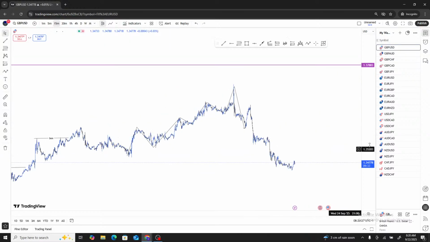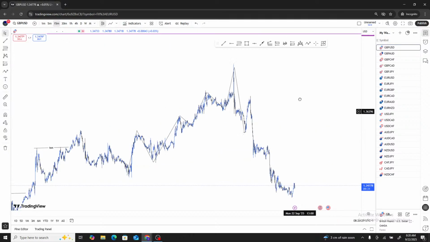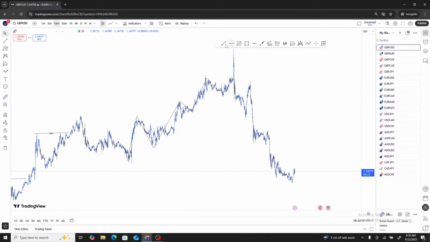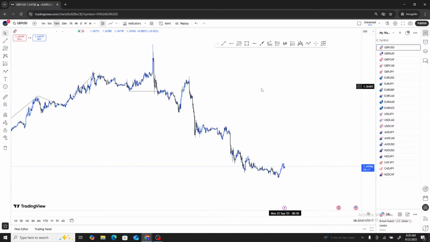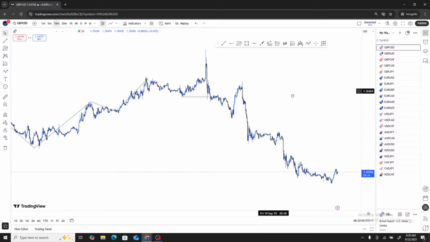It has caused a change of character or a break of structure. This means that the market has changed its direction.